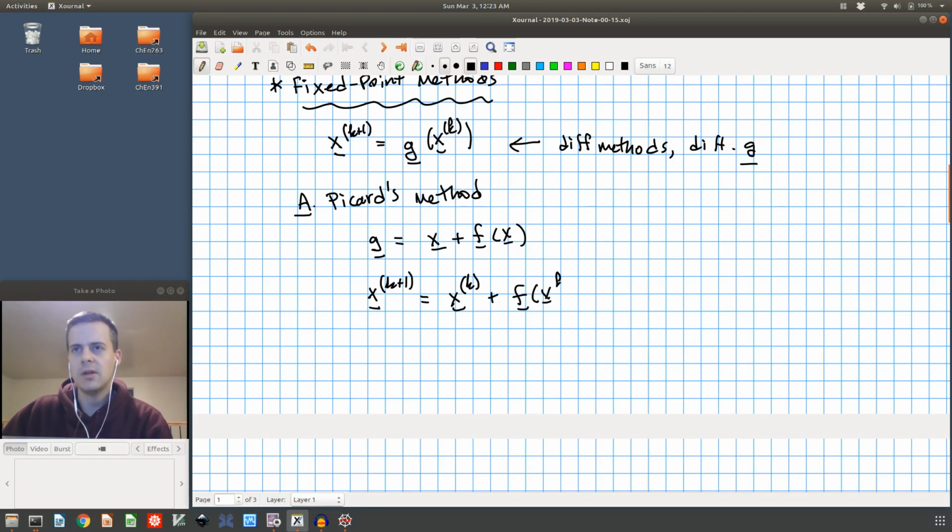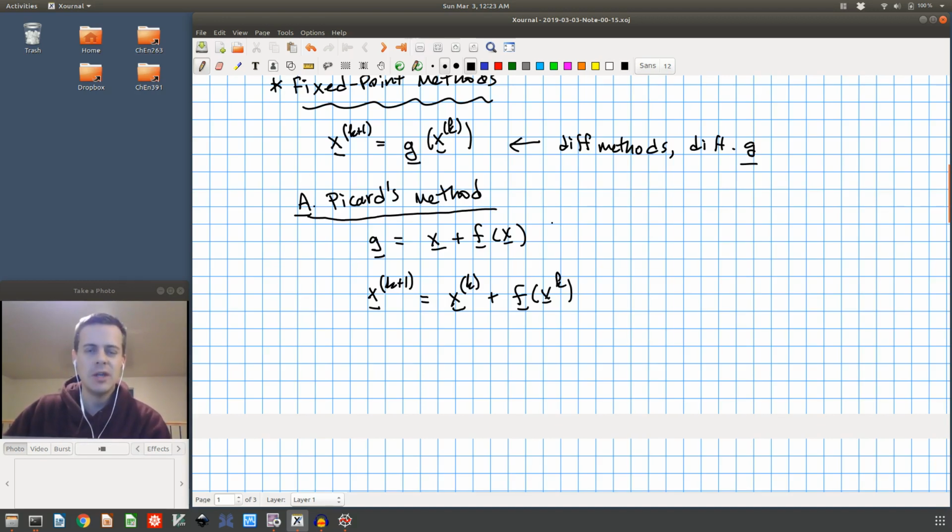Again, if this seems a little abstract, I'm not going to write this all out, but I'll do an example of a two-component system, so two equations, two unknowns, and this should make more sense. If you're confused by this, just hold on a second and we'll get there. But let me remark that in Picard's method, it's even worse than in the single equation case.